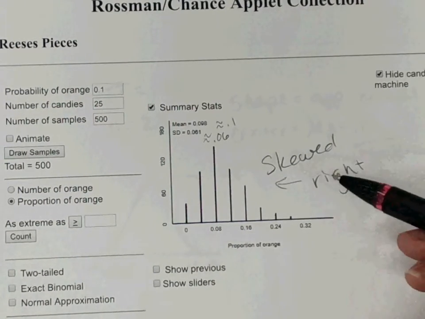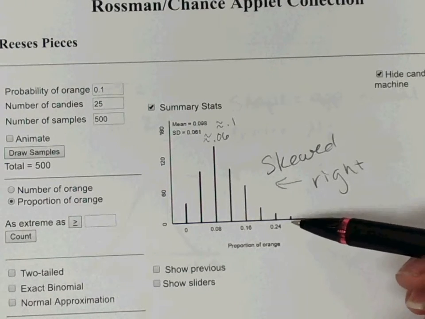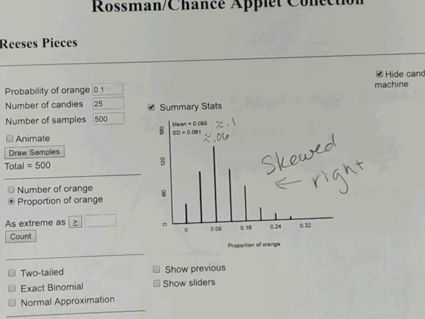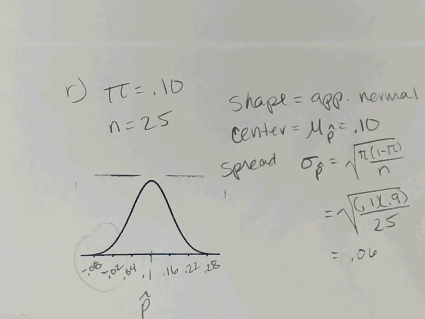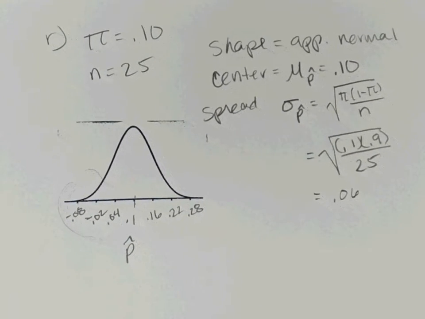Remember, that means pushed from the right. So when I'm looking at this, I have to figure out why that wouldn't be true. Why is this not a normal distribution? And it goes back to the importance of checking our conditions. I did not check conditions here.